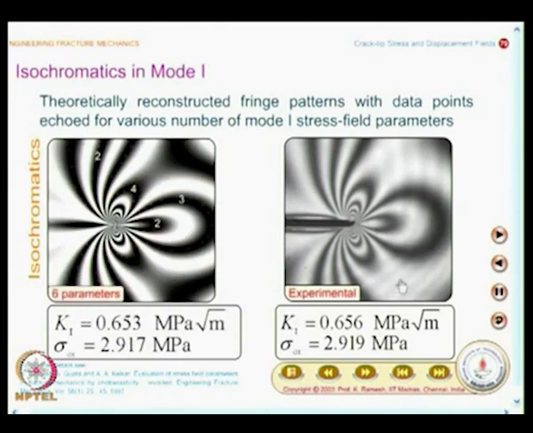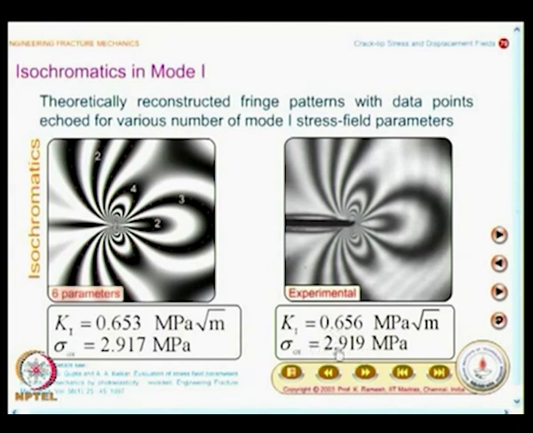With the 5th parameter and 6th parameter, you are reasonably capturing all features of the experimental fringe pattern, and the result is also quite close. K1 is 0.653 and the final solution is 0.656, and your sigma naught x is 2.917 and the final value is 2.919.